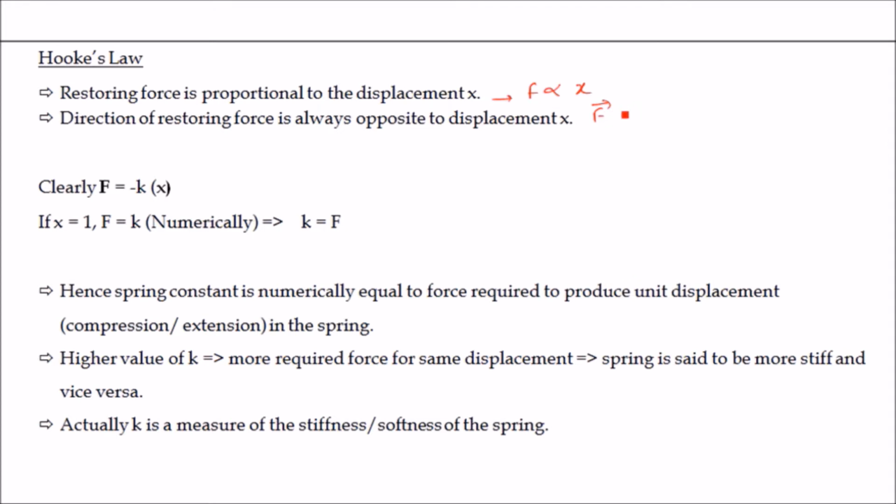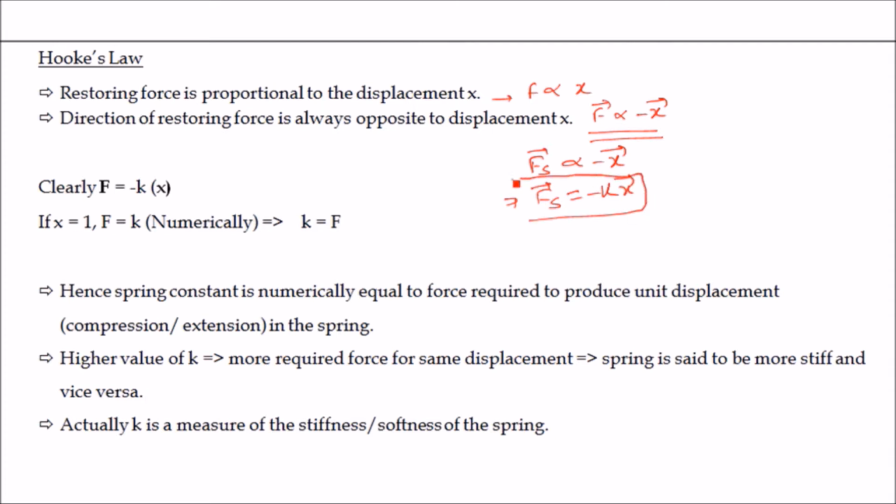So in terms of vector sign, we may write that vector F is directly proportional to minus vector S. The spring restoring force, which we denote by Fs, is directly proportional to minus vector S, and if I write a constant of proportionality, then Fs is equal to minus Kx.